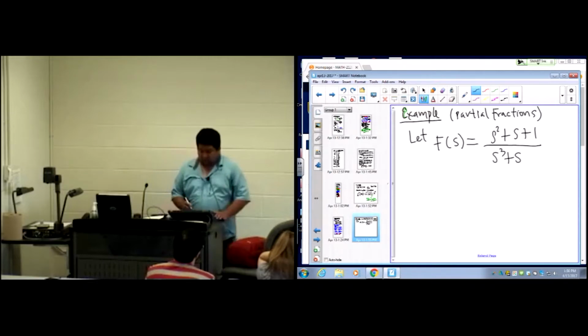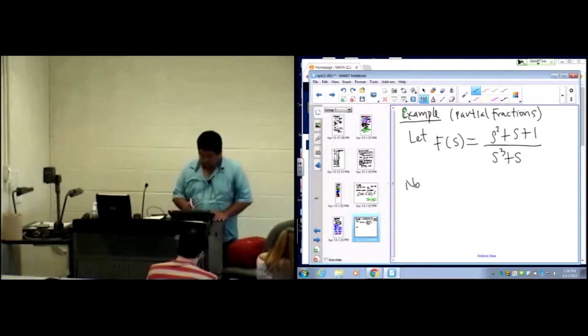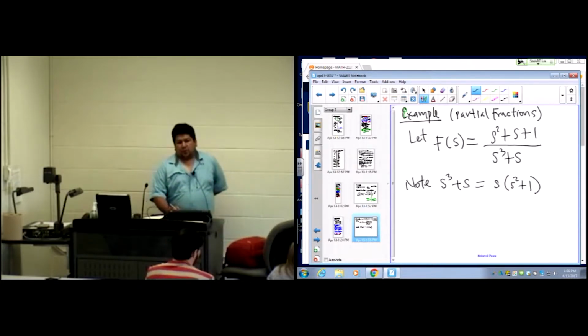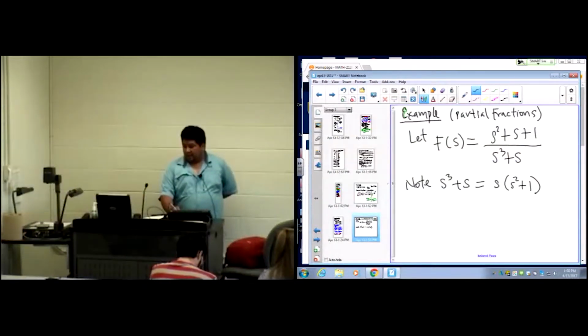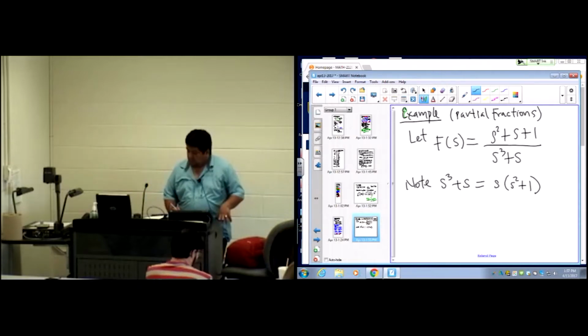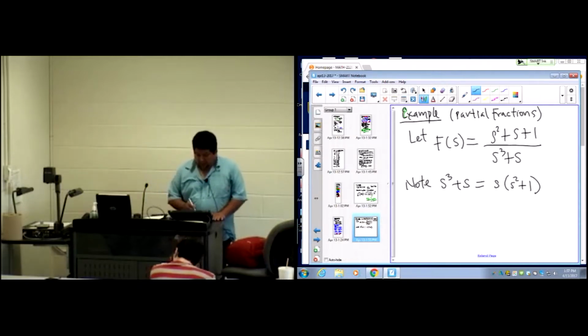This is really s squared plus s plus 1 divided by s times s squared plus 1. So we're going to write this ratio as something that looks like A over s plus Bs plus C over s squared plus 1.